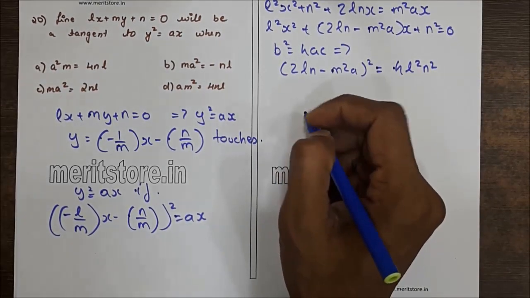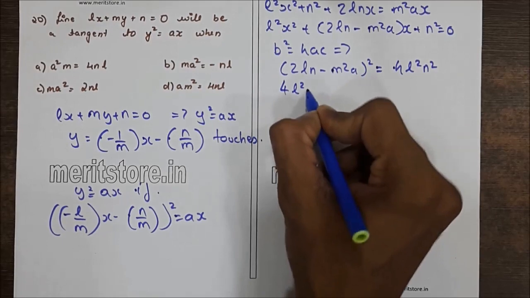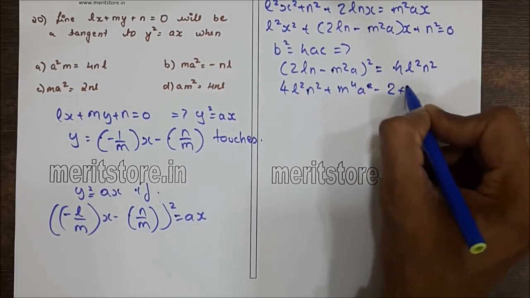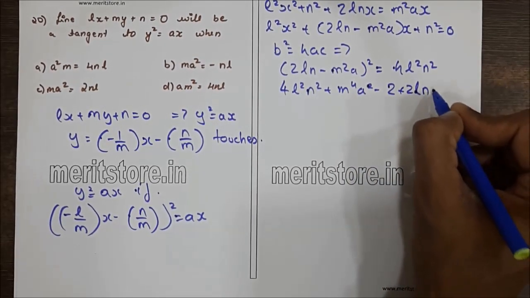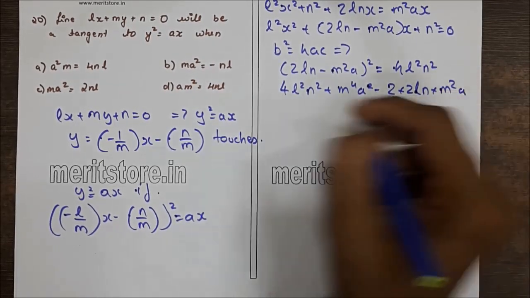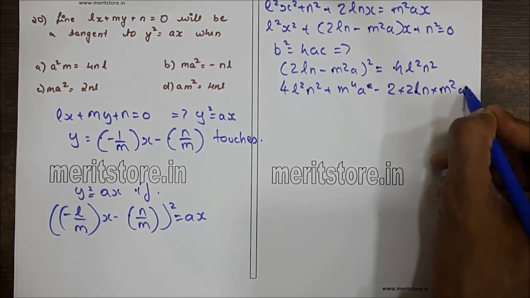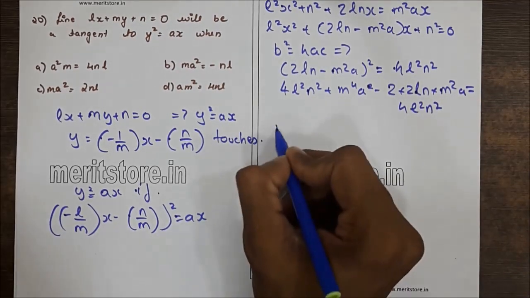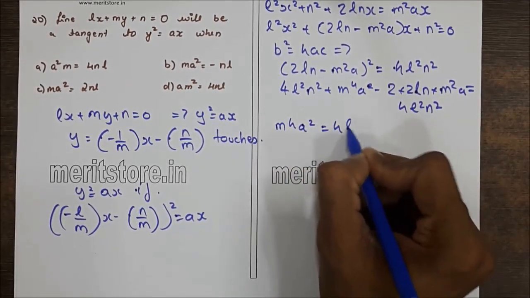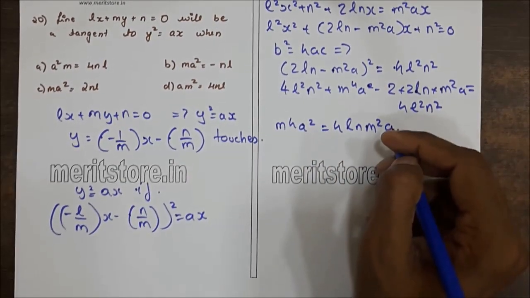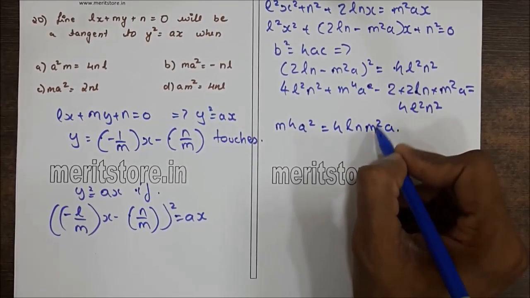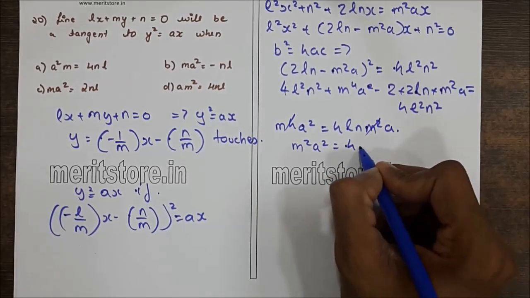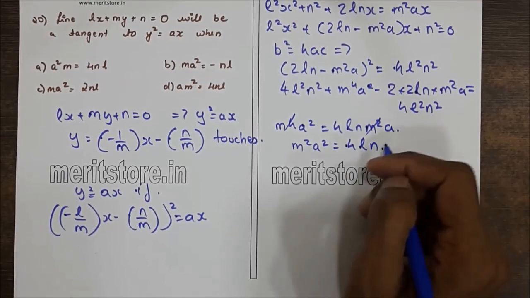Further solving this, we get 4l²n² + m⁴a² - 2 × 2ln × m²a = 4l²n². So solving, we get m⁴a² = 4lnm²a. We cancel m², and we are left with m²a² = 4ln.